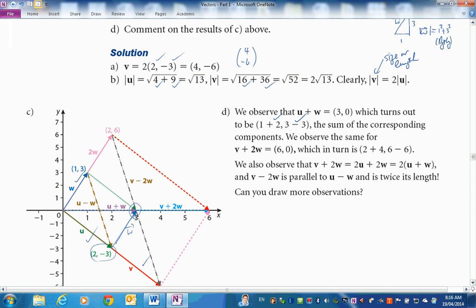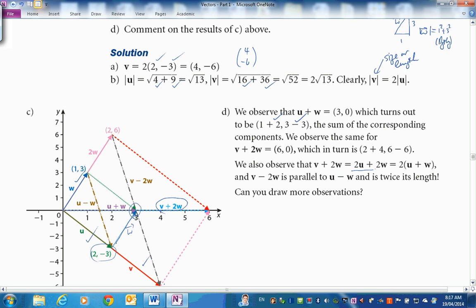And then v plus 2w. Where's v plus 2w? Here it is here. So we're saying, where's our v? Our v down here, and then 2w. We've got this all a bit of a mess here, I think.